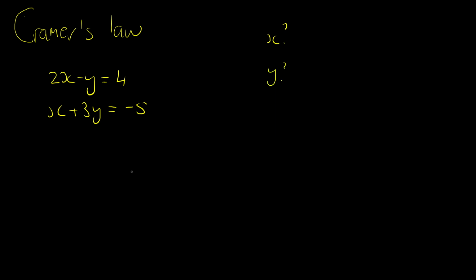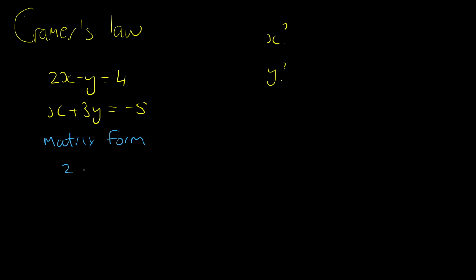To solve this using Cramer's law, we need to break the system of equations into matrix form. Let's see how to convert this to matrix form. We take the coefficients of the x and the y variables.